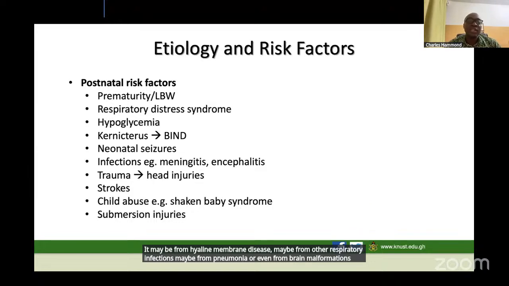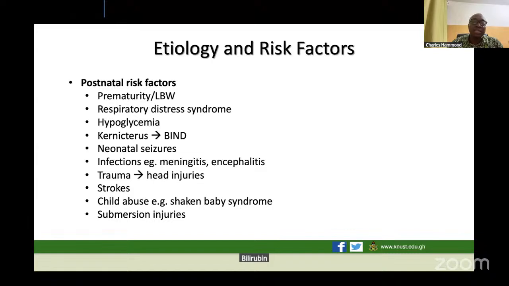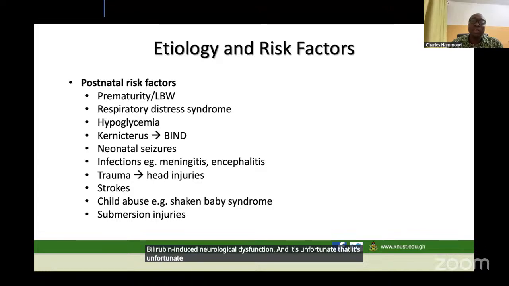Also conditions like hypoglycemia, a very common but preventable cause of cerebral palsy in children. And kernicterus, we all know, leads to bilirubin-induced neurological dysfunction. And it's unfortunate that we still have a lot of babies suffering kernicterus, and the end result is usually not good.